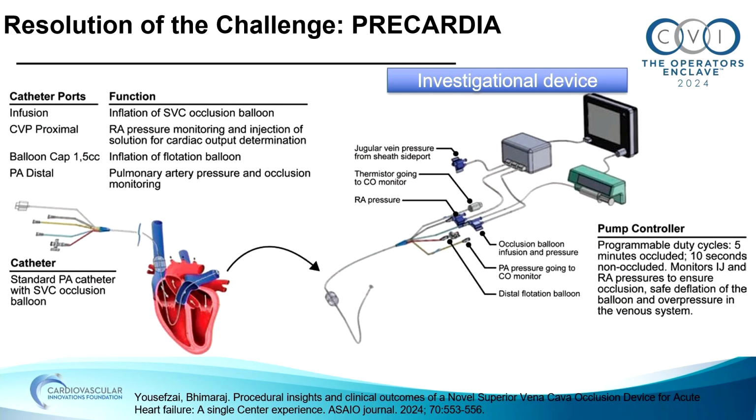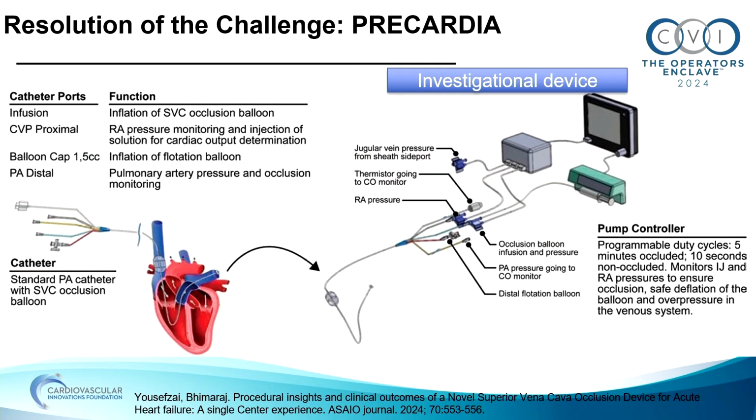Precardia is a smart device, a catheter system that is essentially like a Swan-Ganz, a balloon-tipped catheter, and you have an external balloon which inflates and deflates, which has a separate port, and the rest of these are the PA port and RA port, exactly.